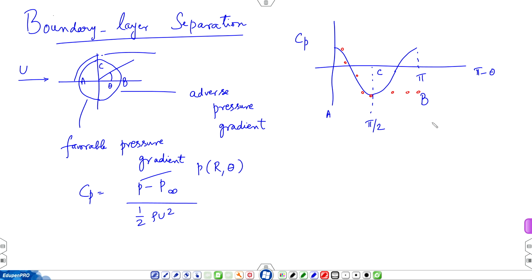So, these are experimental points, while the solid line is potential theory.